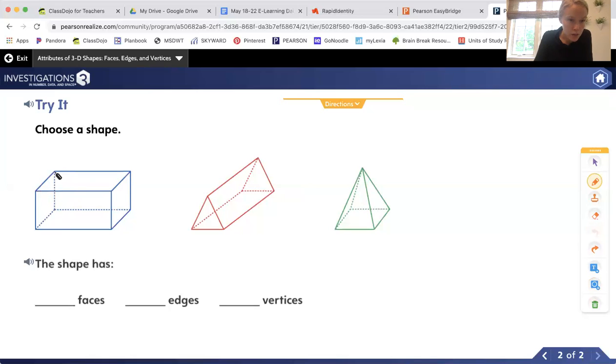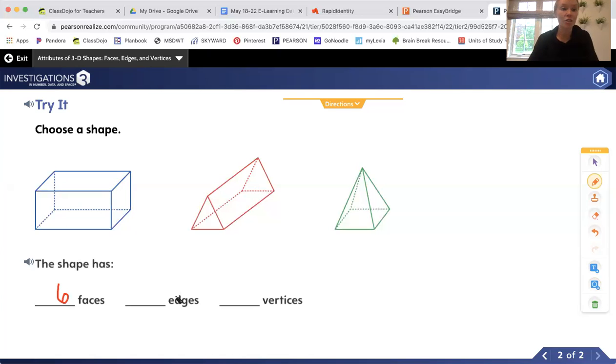And then 5 back there. And then this one down here would be 6. Okay, so this 3D shape has 6 faces.